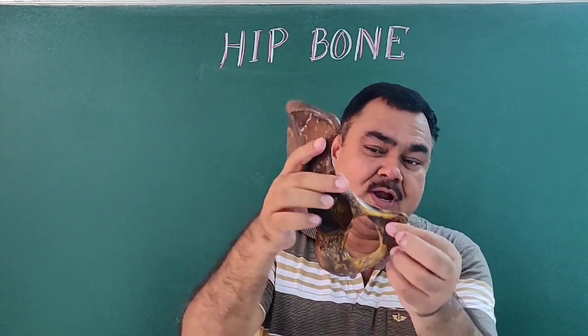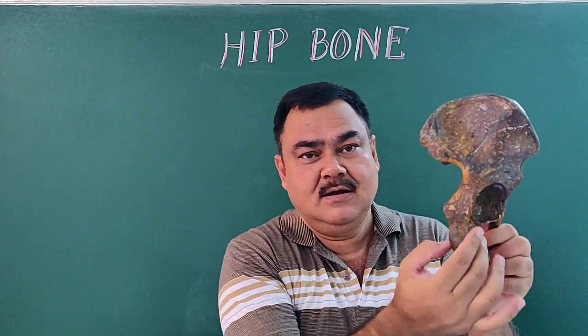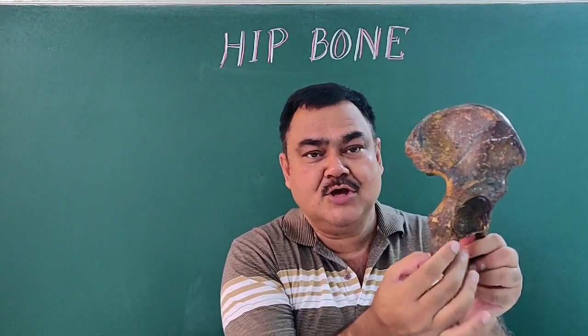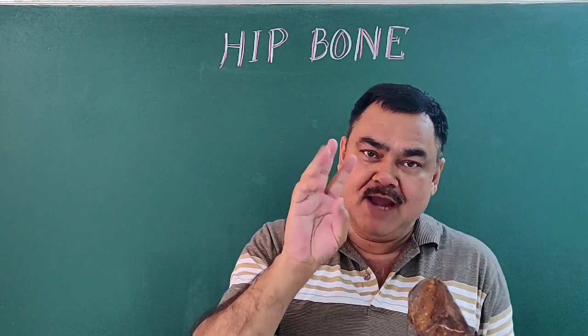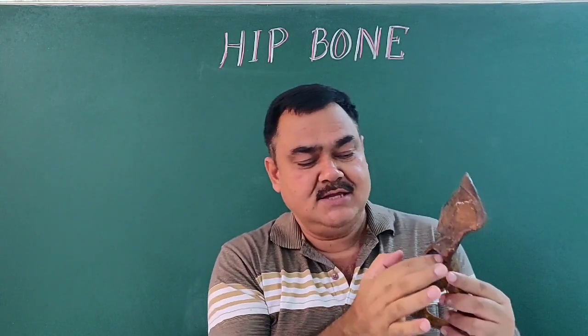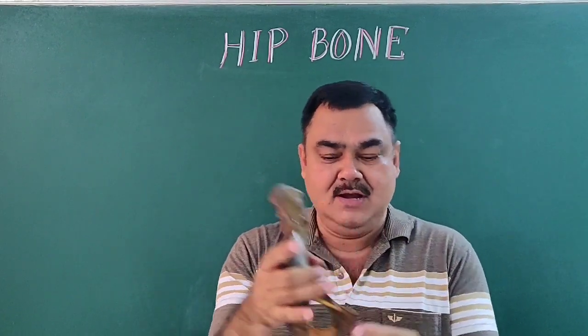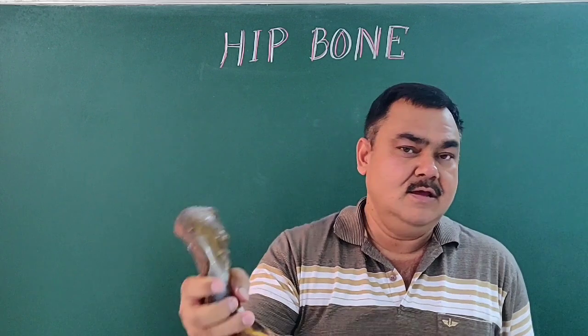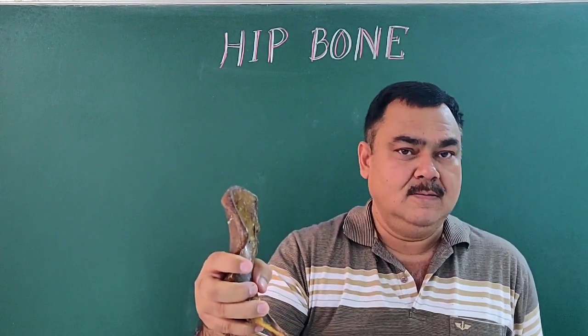This is pubic bone, and posteriorly there is the large ischial tuberosity, ischium. So keeping in mind three things: acetabulum, iliac crest, and obturator foramen. Here, this bone is the right hip bone.